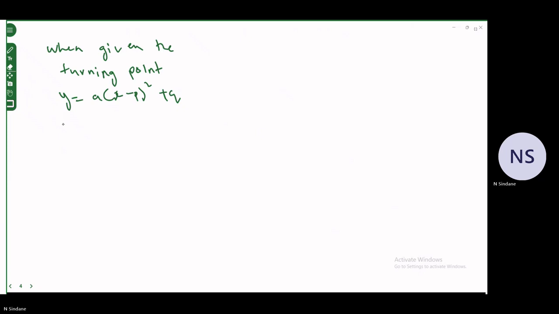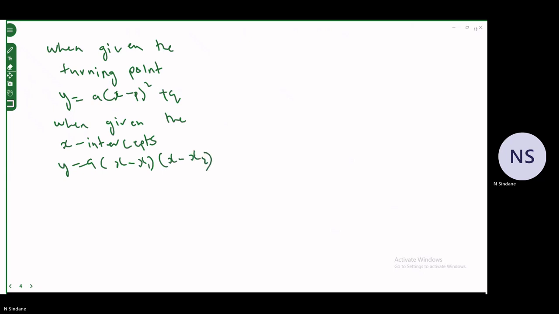And when you are given the x-intercepts, you will use y is equal to a into x minus x1, x minus x2.